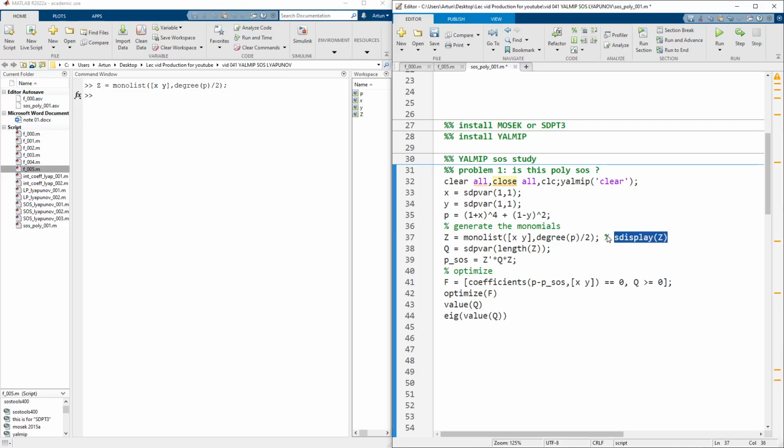Let's look at them. First of all, the degree p is 4. Why 4? Because the maximum degree of this polynomial is 4.